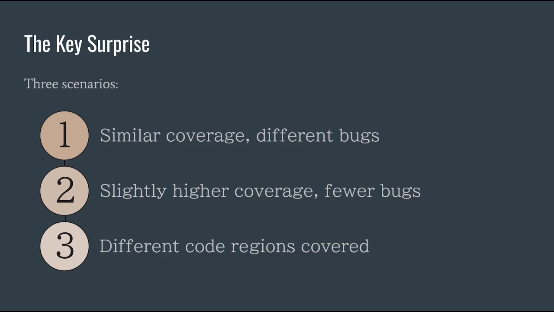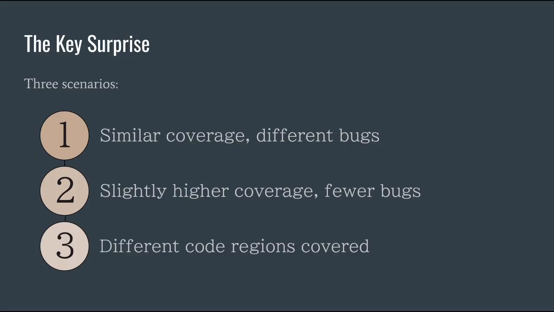Scenario 1 is similar coverage but different bug exposure. Two fuzzers might reach roughly the same amount of code, but one produces inputs that more often satisfy the exact conditions needed to trigger faults. So bug count differs even if coverage doesn't.